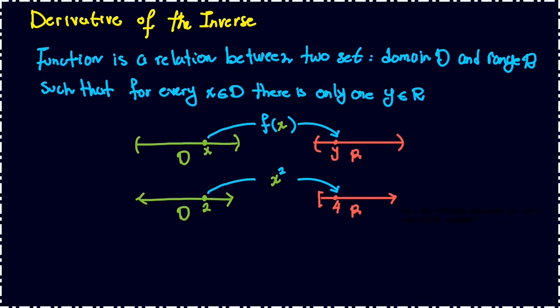We have a special type of a function, which is called a one-to-one function. Let me define that over here. One-to-one function is, of course, a function.